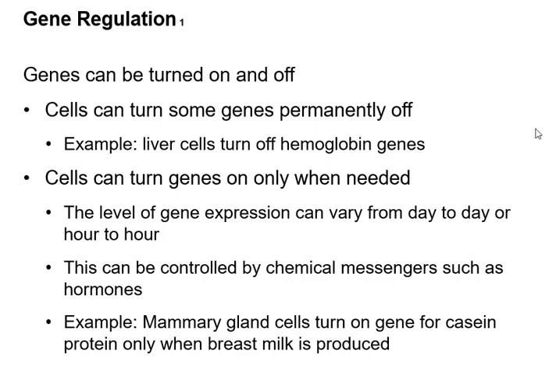But another thing is you may need the genes, for example, in your breast to make milk, but only if you have a baby. So you don't want those genes, even though they do have something to do with being a breast cell, you don't want them turned on at an inappropriate time. So we have hormones that can turn them off and on.